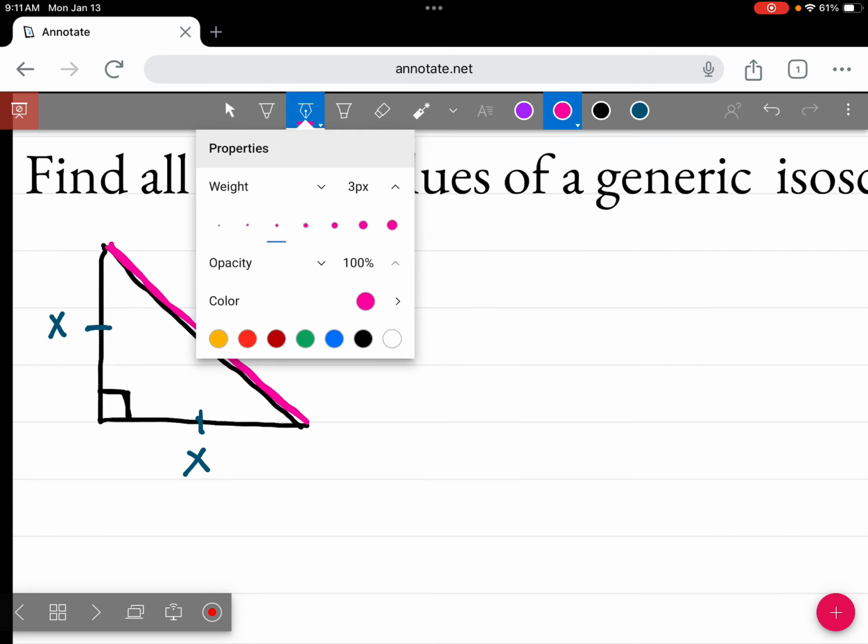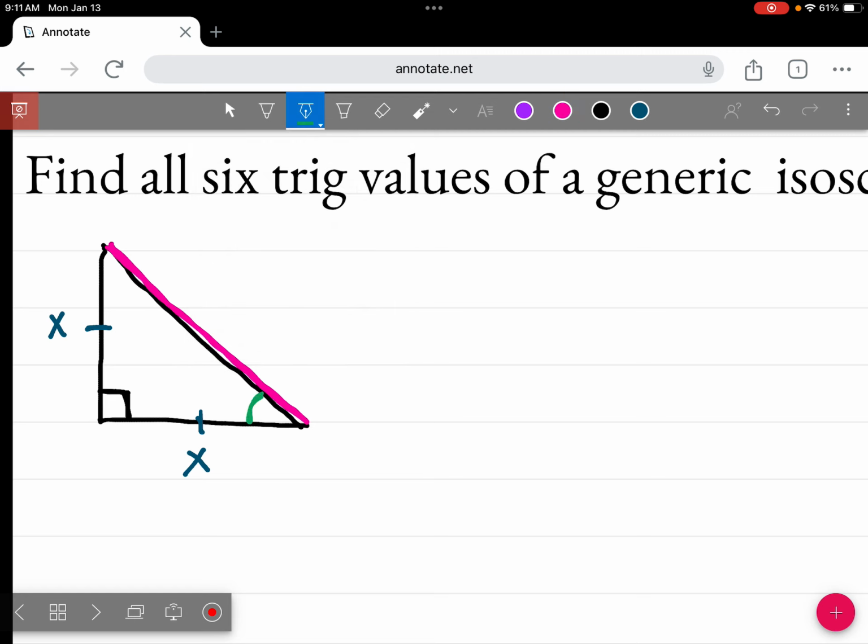But the important thing about isosceles triangles is that these two angles are exactly the same. That's what makes it isosceles, is these two sides are the same and these two angles are the same. So it doesn't really matter which angle we pick to be our theta. What would be the degree measurement of this angle?